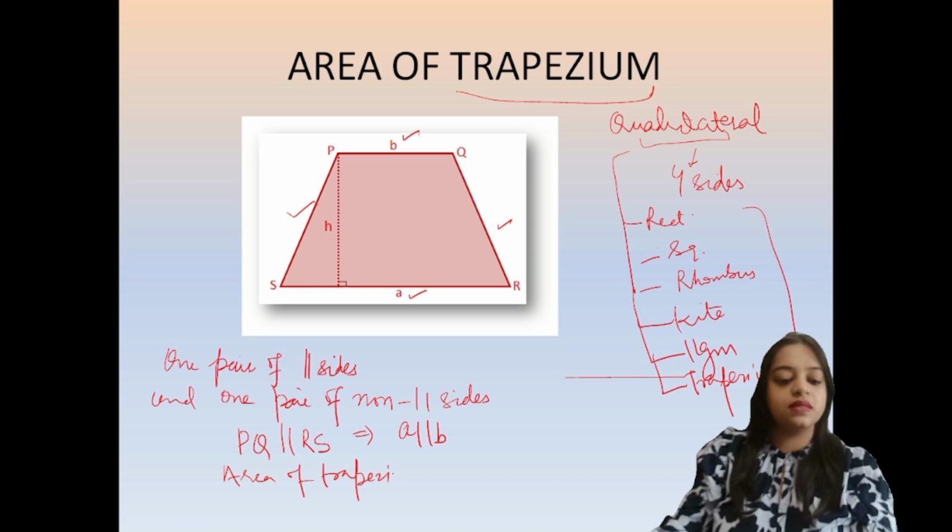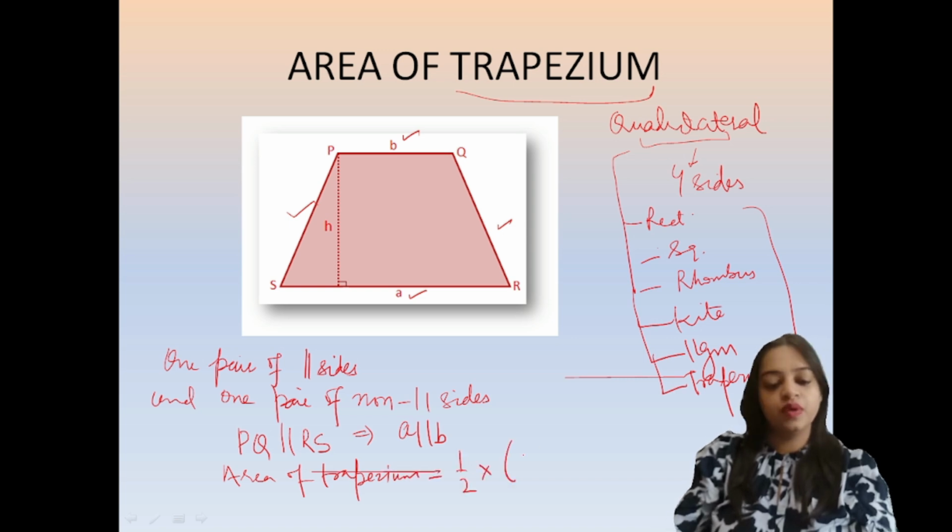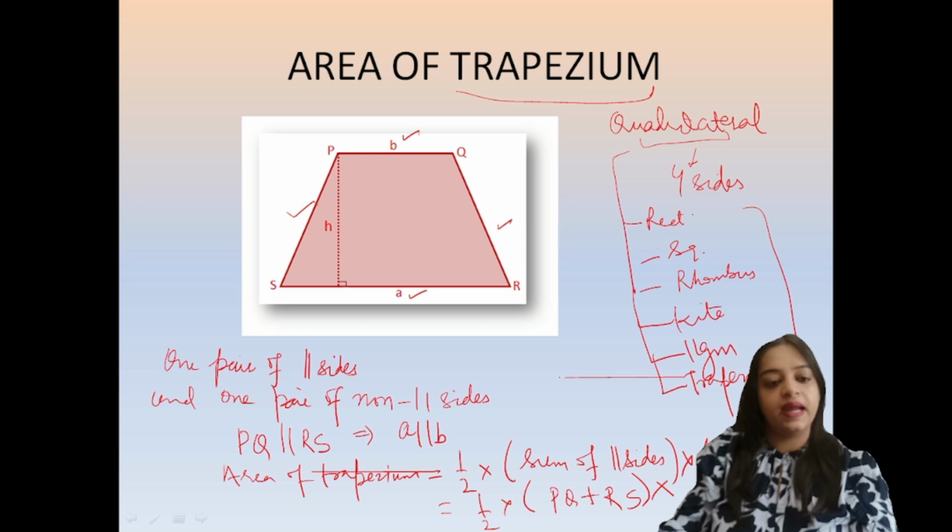Area of trapezium formula is half into sum of parallel sides into height, right? So according to this figure, parallel sides क्या हैं? PQ and RS, तो इनका sum किया, height इसको हमने denote किया हुआ है small h से, so this is h, this is the formula, right?